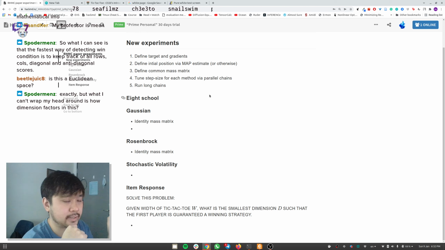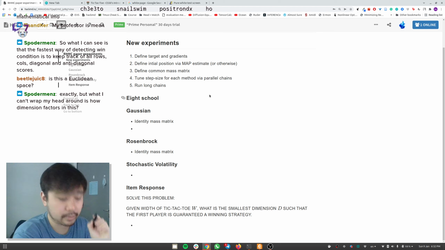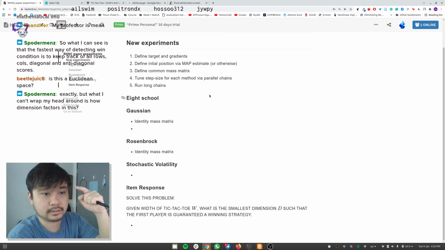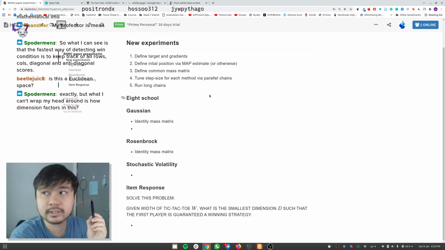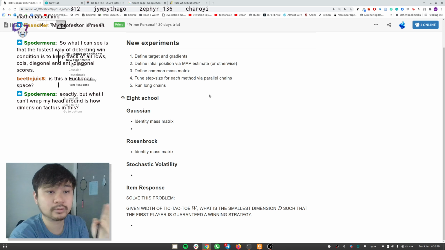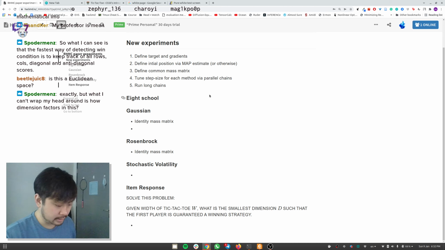How does dimension factor in? Well, the width W is the full score, the score that you need to fill up, and the dimension tells you how many rows and columns you can influence with one move.